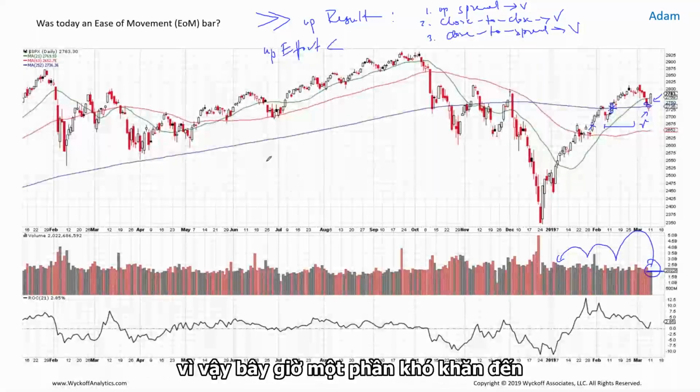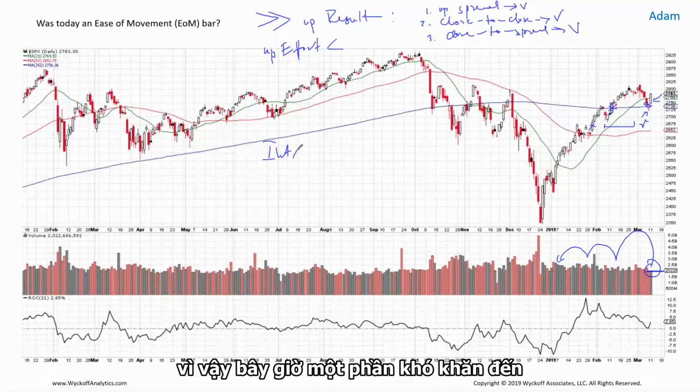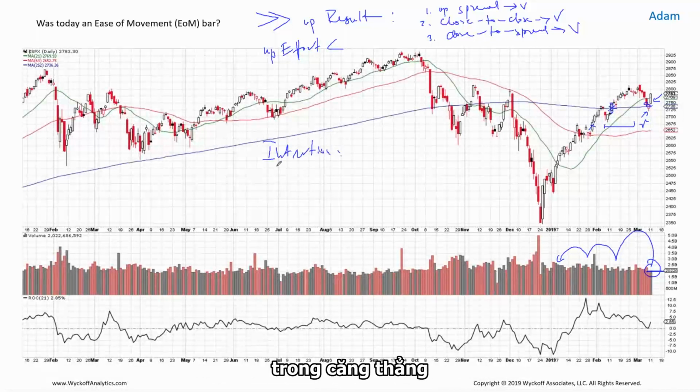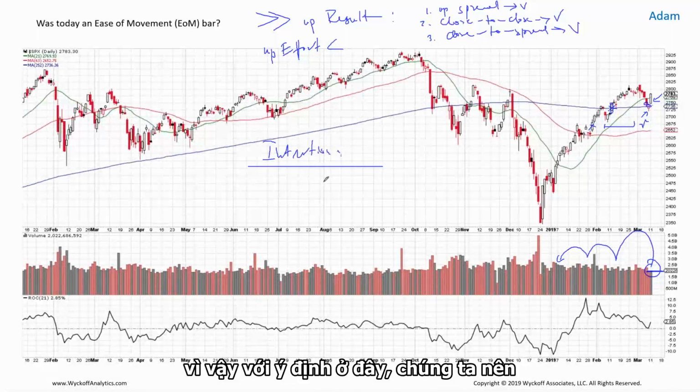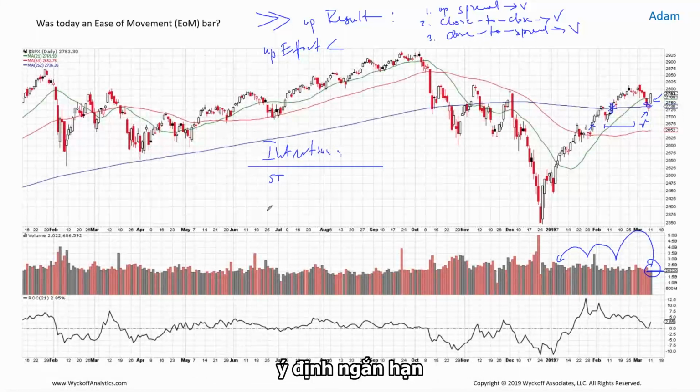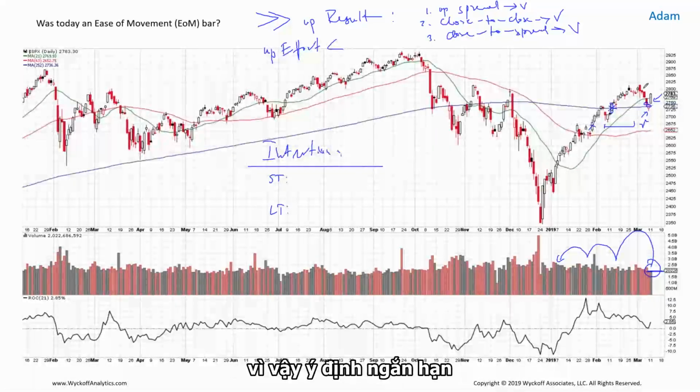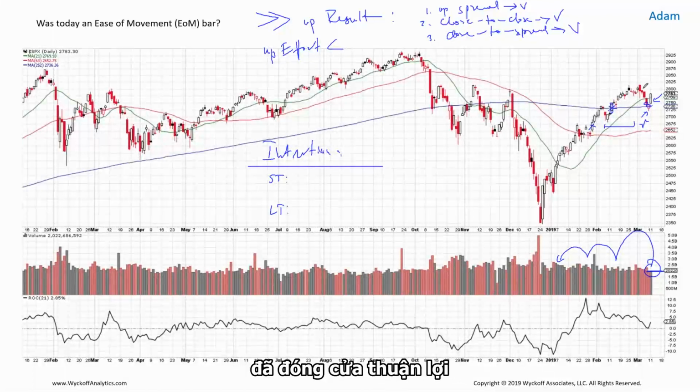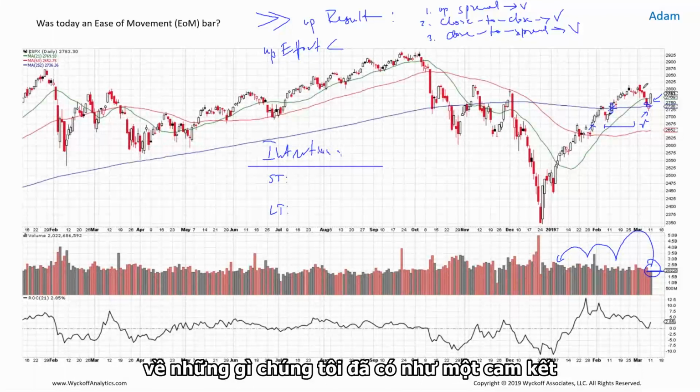So now a tricky part comes, intention. With the intention here, we should think about this in two terms: short-term intention and long-term intention. So short-term intention was to close favorably over what we have had as a commitment in the most recent price action.